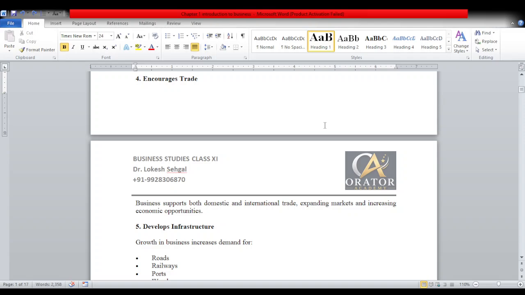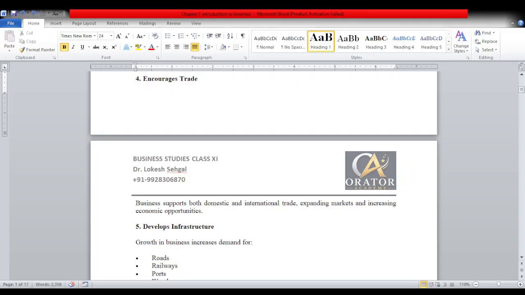When you are expanding the market, it will help you to share your goods with other countries in a very significant manner.